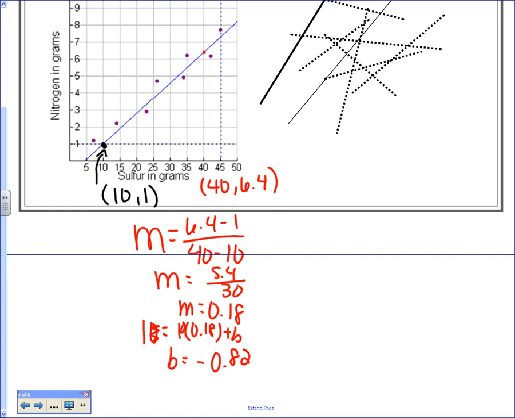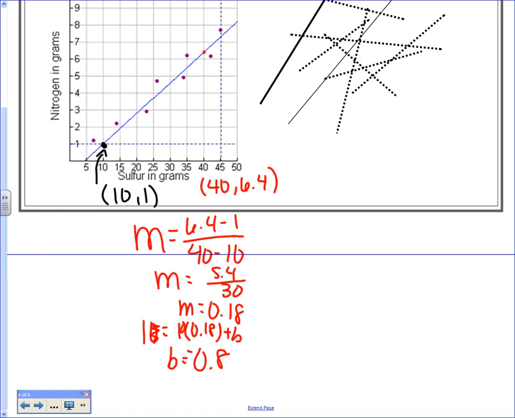Wait, no, that's not right. Hold on. 1.8 times 10. 1 minus 1.8, yeah. I didn't move my decimal. Negative? Do you agree? Did you get something close? If you didn't get that same thing? Close enough?